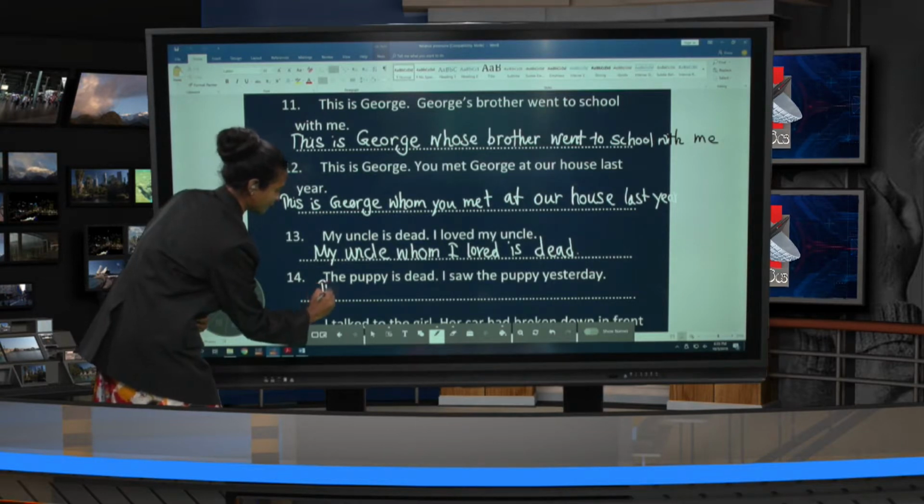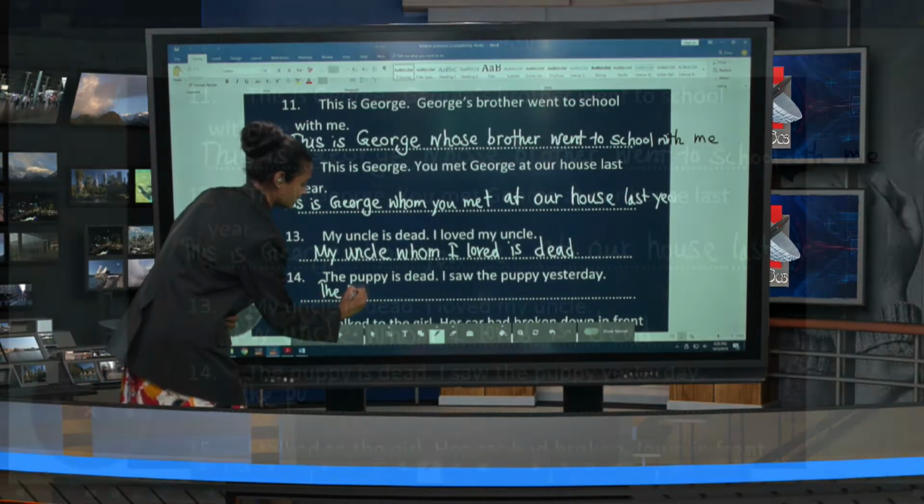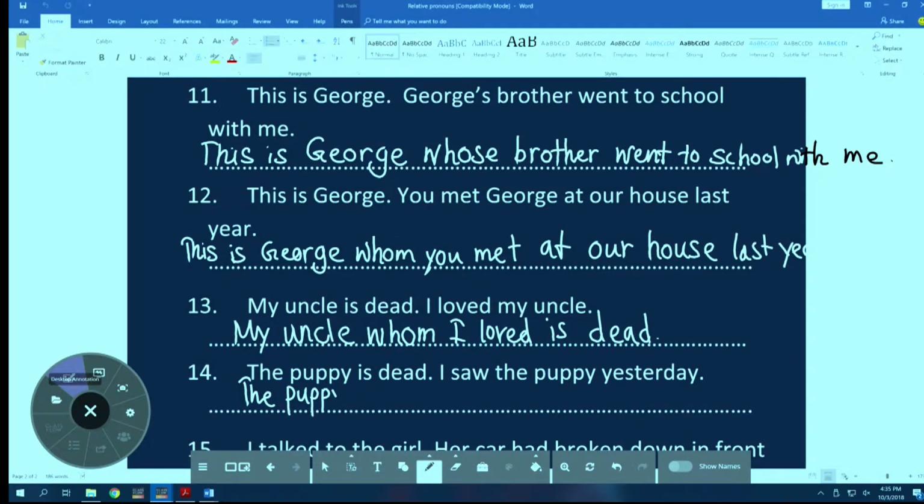The puppy. Which puppy? The puppy that I saw yesterday. Mama ඊයේ දැකපු. What happened to that puppy? Is dead. The puppy that I saw yesterday is dead.